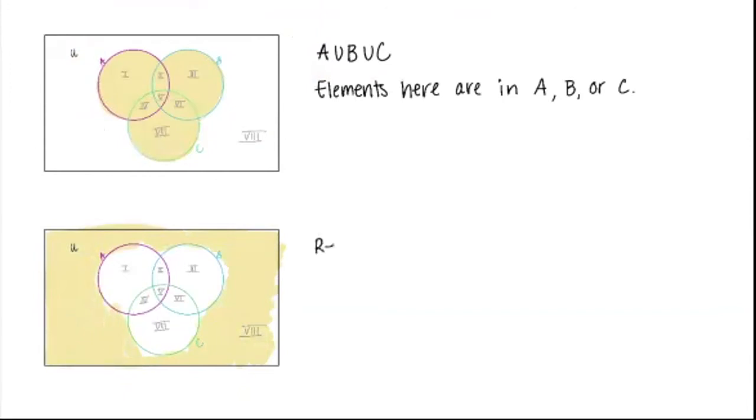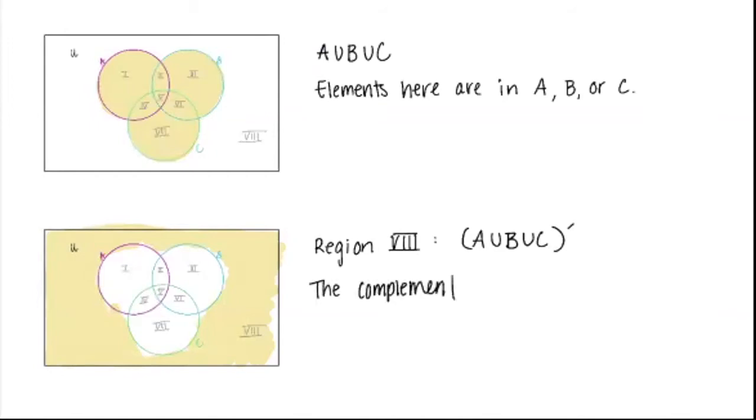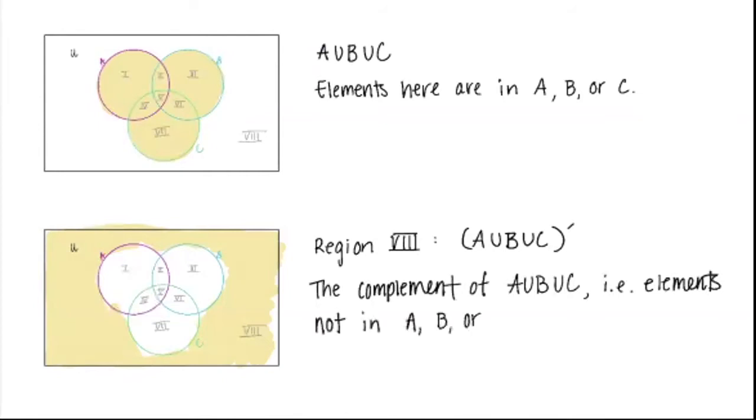Region 8 is everything not in A, B, or C. So it is the complement. Okay. So that's the complement of A union B union C. So i.e., these are elements not in A, B, or C. Okay.